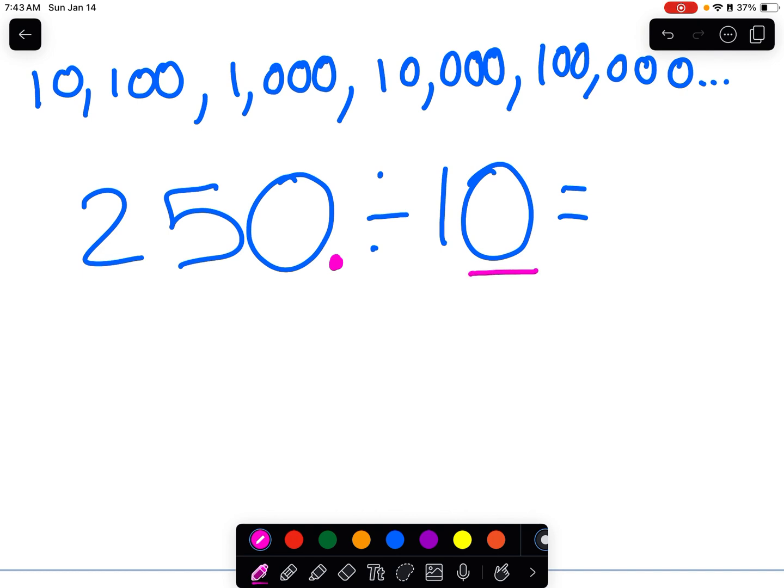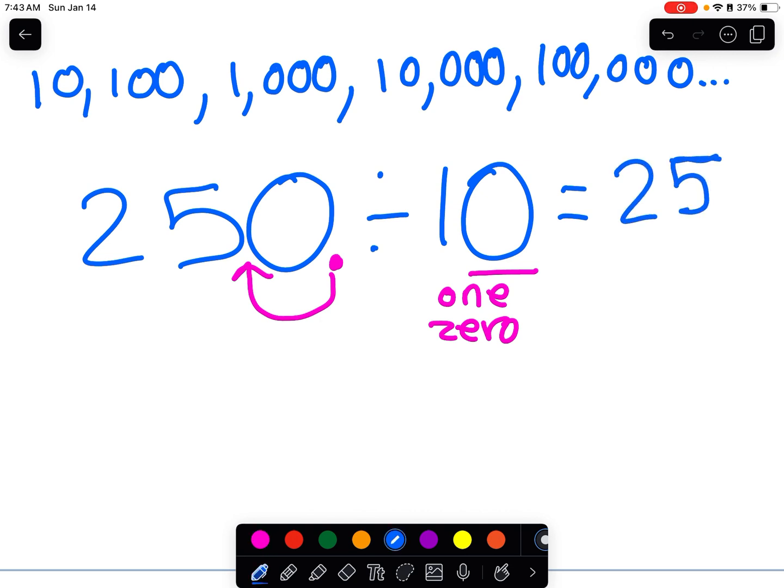And so there's 1 zero here. 10 has 1 zero, and so you're going to move it leftward 1 time, which means 250 divided by 10 is 25. And you can throw in that decimal point if you want. So it's 25 or 25.0, which is the same as 25.